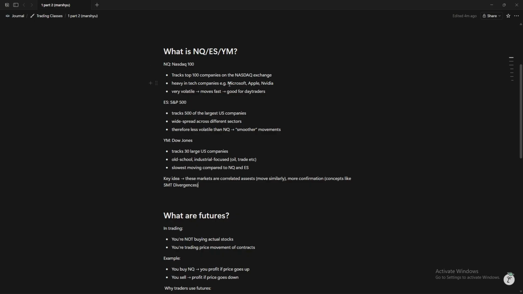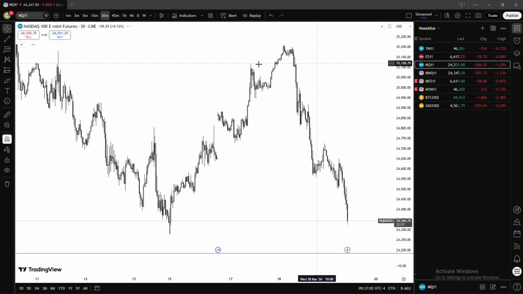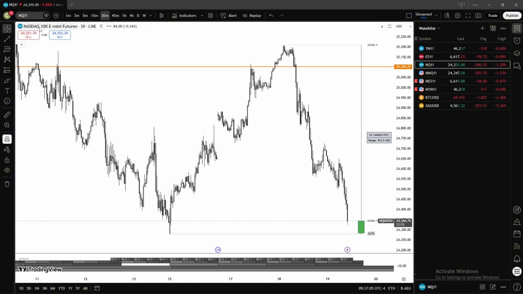Because as you can see, the Nasdaq tracks the top 100, S&P tracks the top 500, and then Dow Jones is just 30. But they're all correlated at the end of the day. So as you can see now, I'm on NQ, Nasdaq.